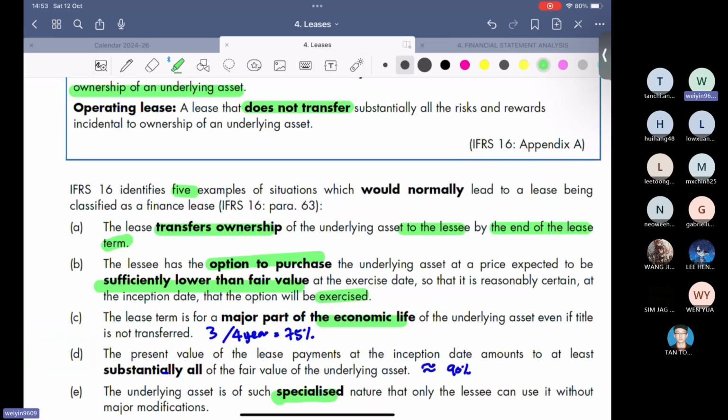So since I sell to you at the lower price, that price is guaranteed. The unguaranteed one is the amount: if I sell to a third party, maybe I can sell at a higher price. So the difference between the amount paid by the lessee and the higher price, that will be considered the unguaranteed residual value.